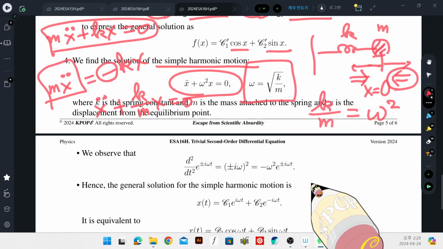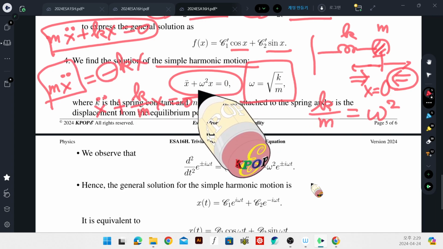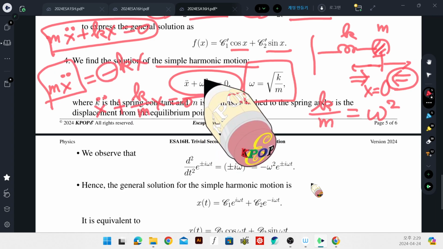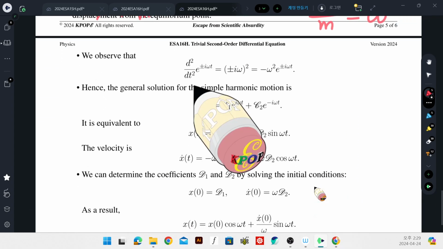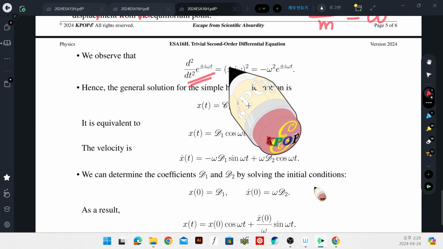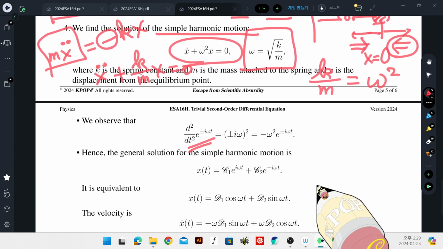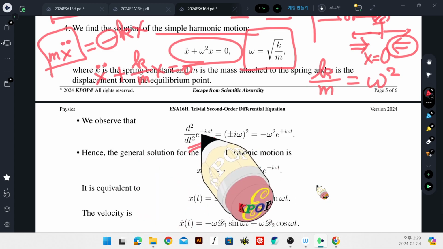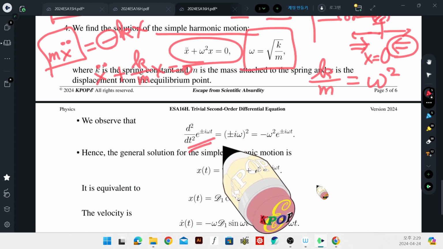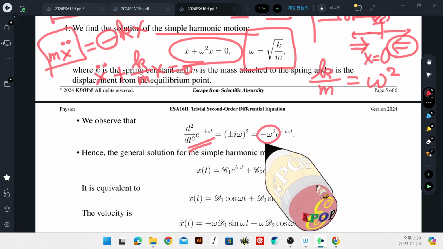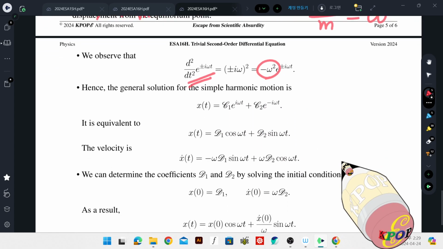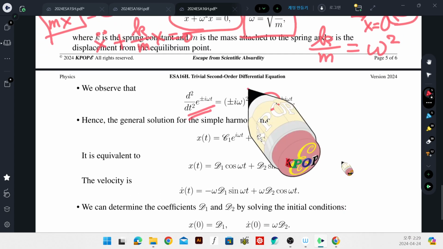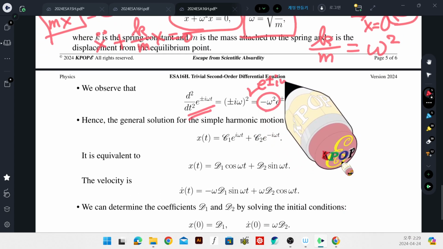Now we can make use of the previous result for the case when omega squared equals 1. The solution for the second order differential equation can be found by trial and error. Exponential plus minus i omega t, taking the second derivative, will bring in an additional factor of minus omega squared. Wait a second, there is an exponential plus minus i omega t missing.